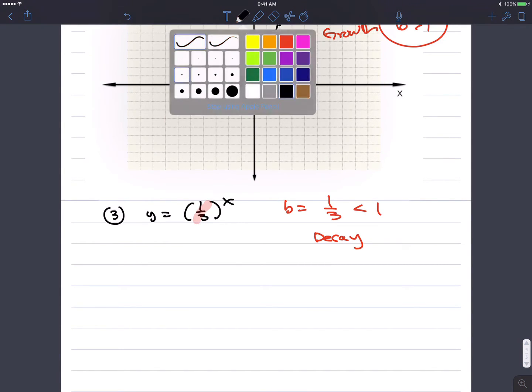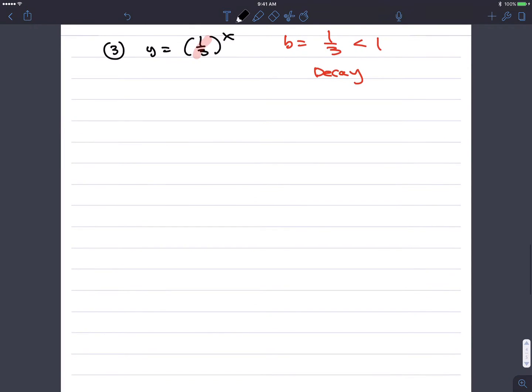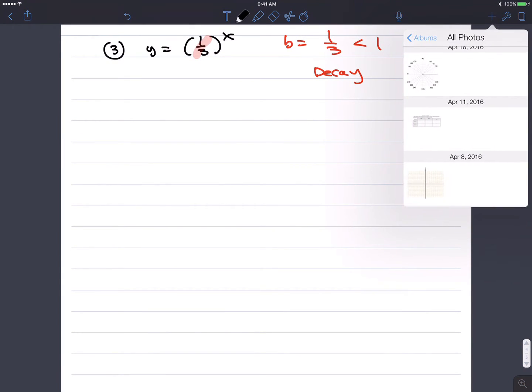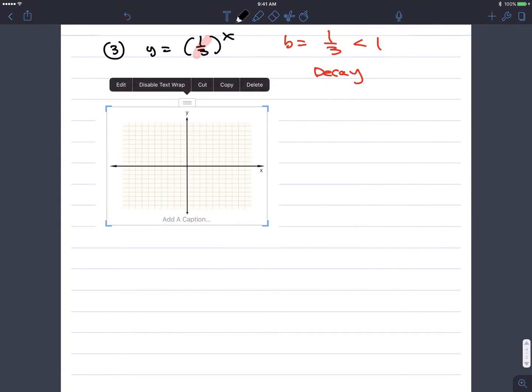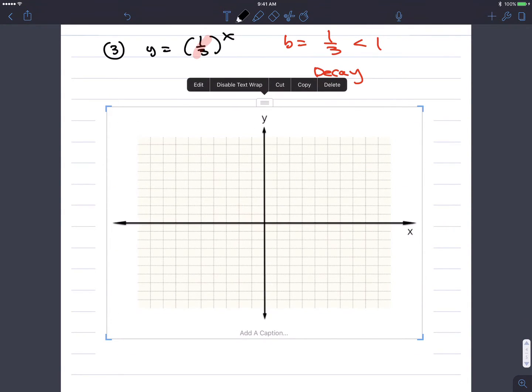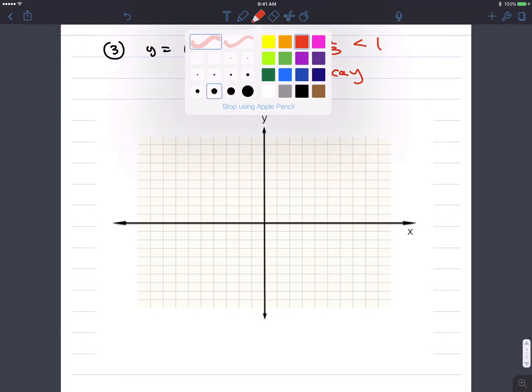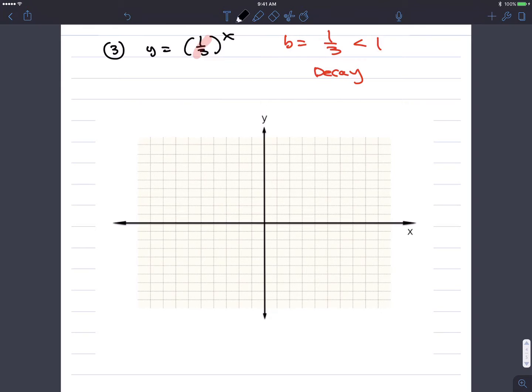So, initially, when you have to graph these, say bring out a graph. You can start off again with same sort of thing. We know it's going to decay. When x is 0, y is 1. So I can plot that point.